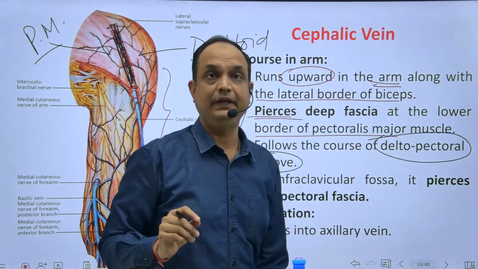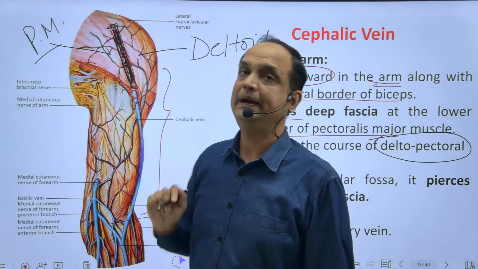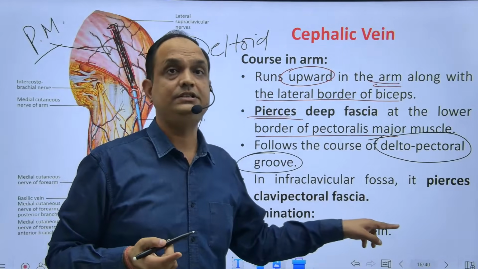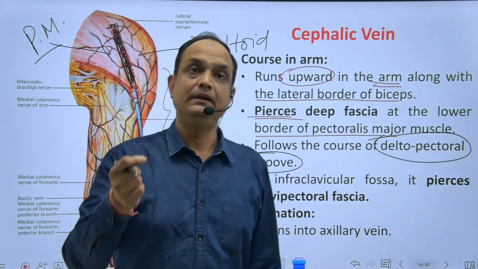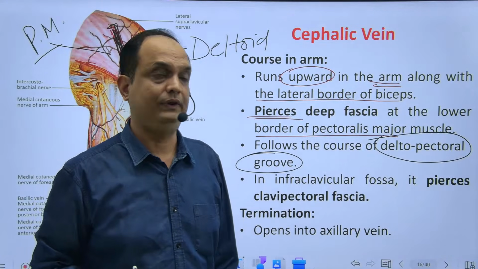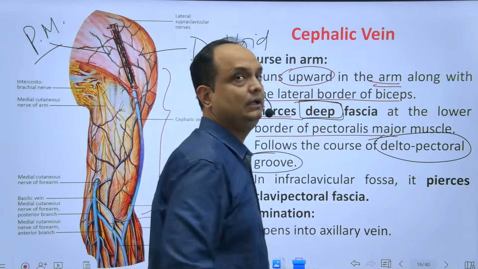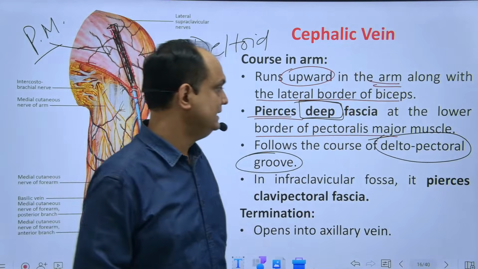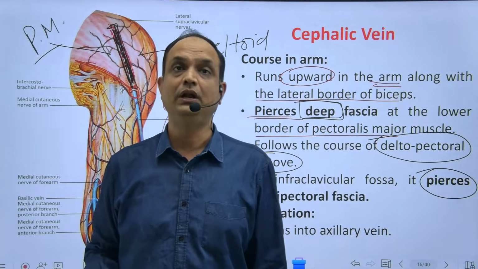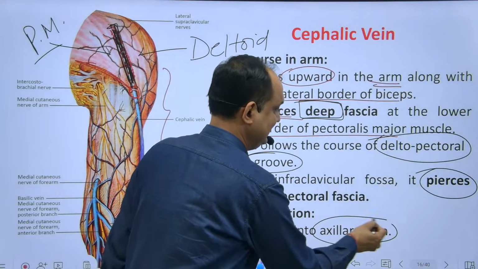So once the vein pierces the deep fascia, it becomes deep and runs in the deltopectoral groove. Then it reaches just below the clavicle and pierces one more deep fascia, known as the clavipectoral fascia. So it pierces the deep fascia two times: once below the lower border of pectoralis major, and second just below the clavicle where it pierces the clavipectoral fascia, and finally it terminates in the axillary vein.